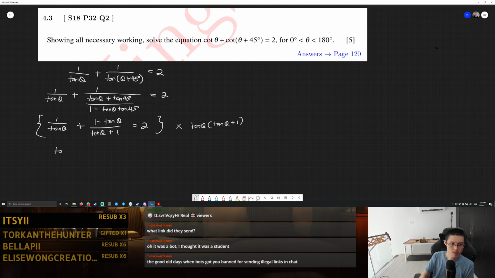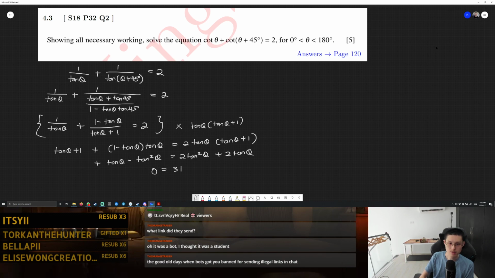So now we're going to end up with tangent theta plus 1 plus 1 minus tangent theta equals 2 tangent theta plus 1. Okay, expanding this, we get tangent theta minus tangent squared theta equals tangent squared theta plus 2 tangent theta. So now we can put everything on one side.